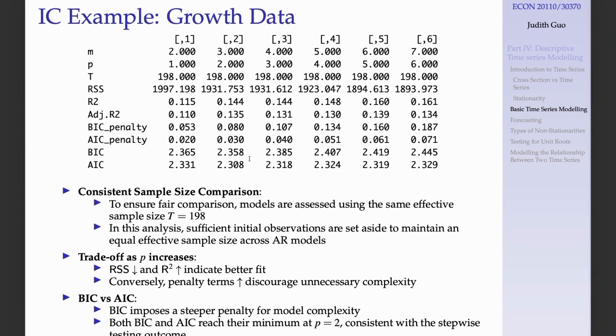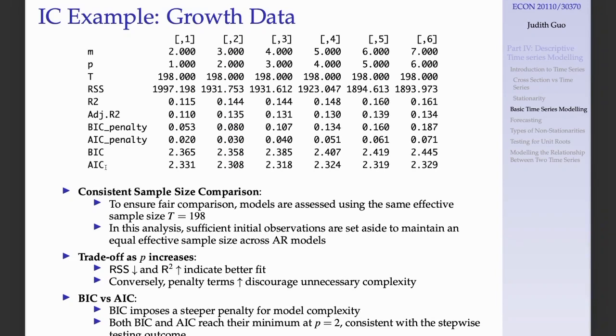So the BIC would tend to choose an AR2 as the optimal among the 6 models. And similarly for the last one, AIC, we want to choose the smallest as well. And we can see that here AIC and BIC give the same choice. They both choose an AR2 as the optimal order. And this is the same as the result that we saw when we did the stepwise downward procedure on Monday.